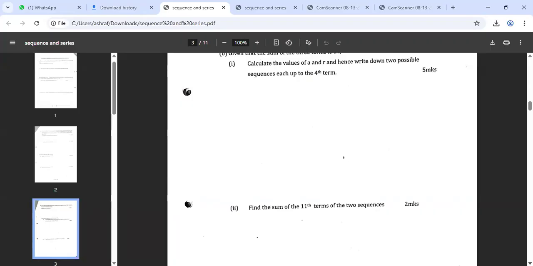So before summing, you can just give me the value of T11 for the first sequence and T11 for the second sequence. Is T11 for the first sequence?